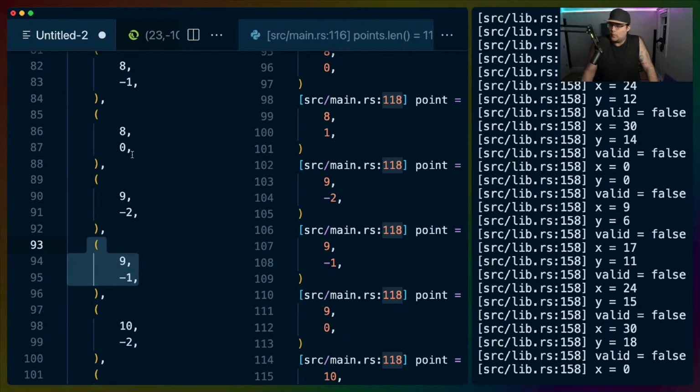And we're missing 8, 1. We're missing the Y end.